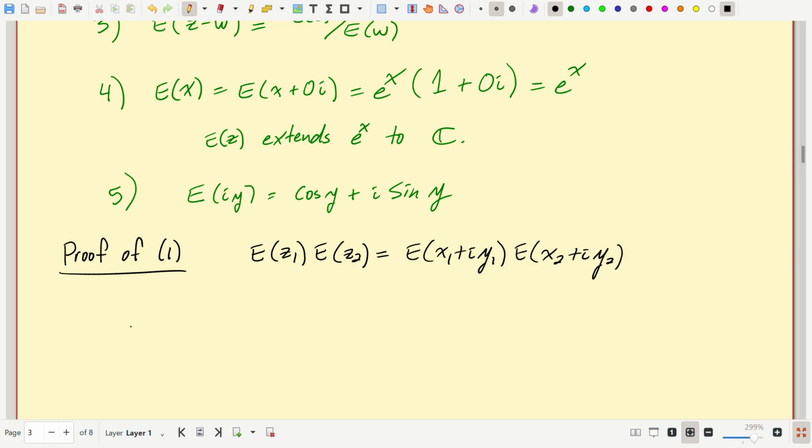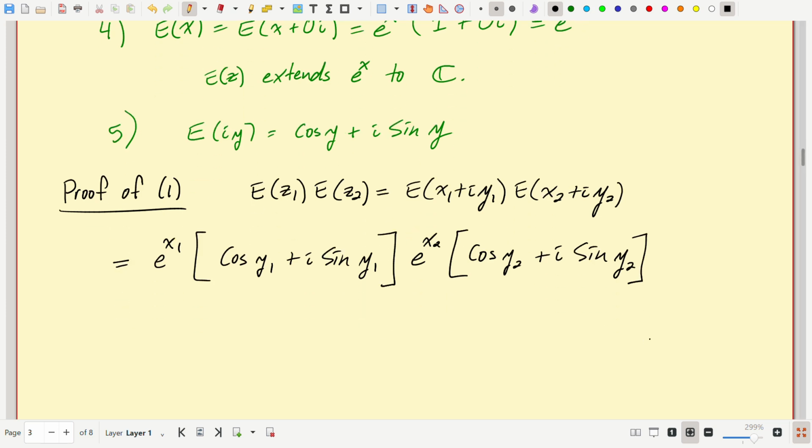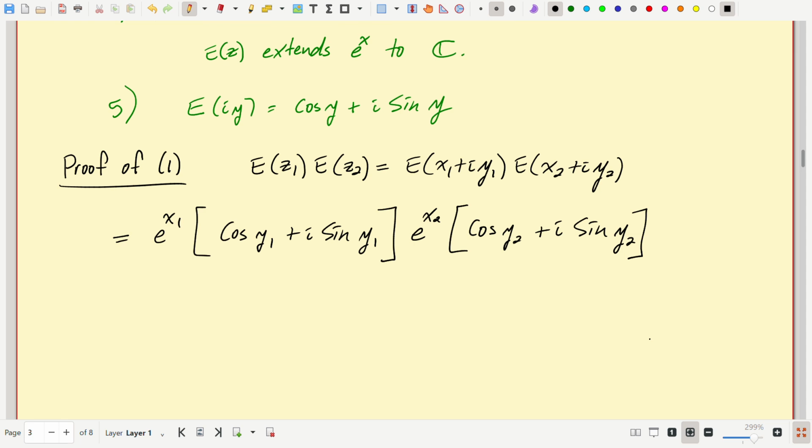That would be multiplying complex numbers: e to the x1 times cosine y1 plus i sine y1, times e to the x2 times cosine y2 plus i sine y2. The order you multiply complex numbers in doesn't matter, they're associative, so I can put those two e to the x's together in front.